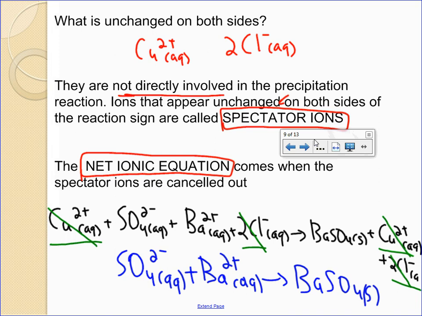With those ions that are left over now, this is what we refer to as our net ionic equation. So this is what is reacting within our solution, those barium ions, those sulfate ions, to produce barium sulfate. We ultimately don't care about those other ions in solution.